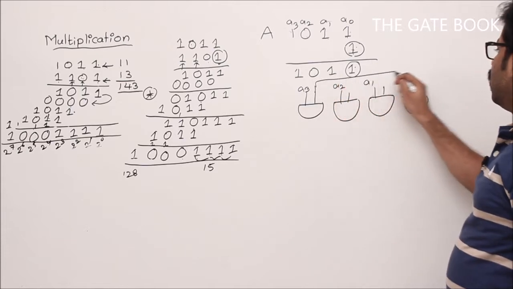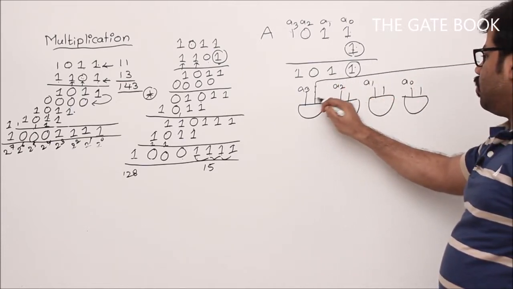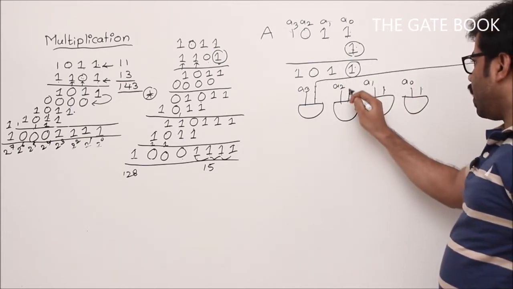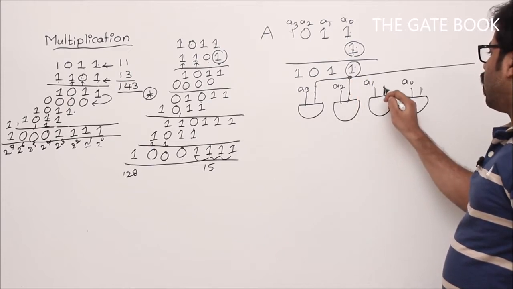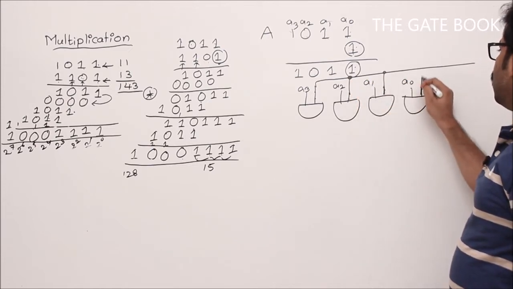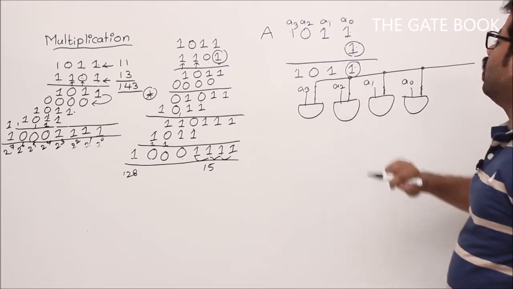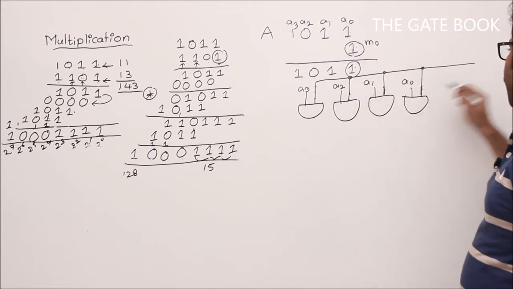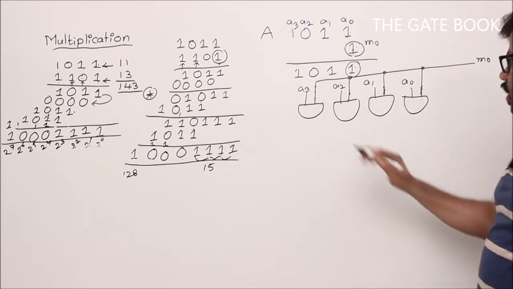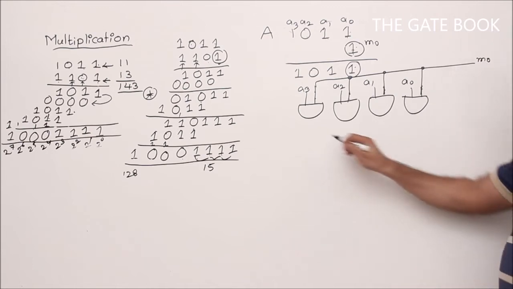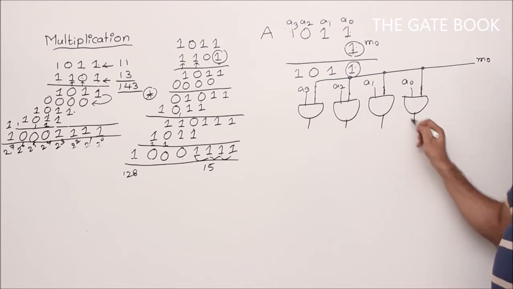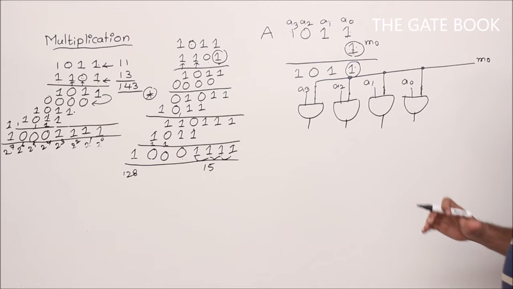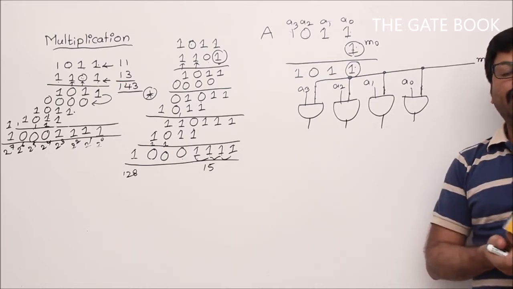Now here, what you give is simply 1, okay? That means this entire input should be connected to one common variable. What is that? That is going to be a multiplier bit. So assume that multiplier bit is M0. If I do it like this, then definitely we are going to get an output which is nothing but the first row, right? So always try to solve this problem using divide and conquer.